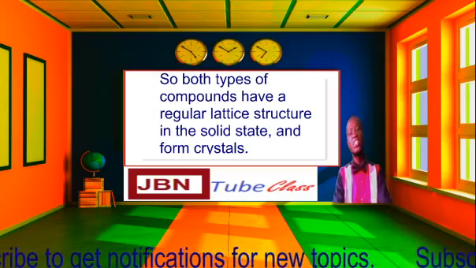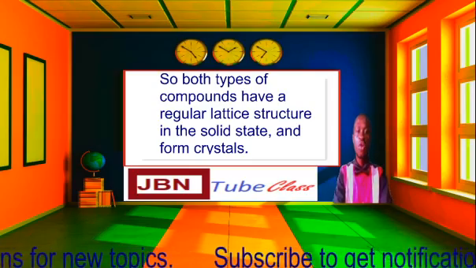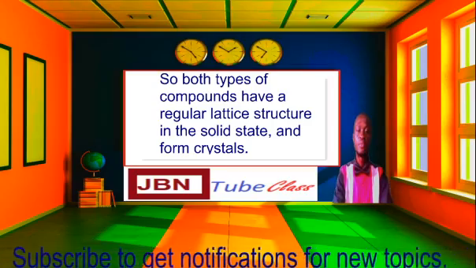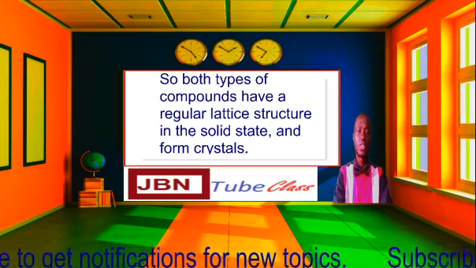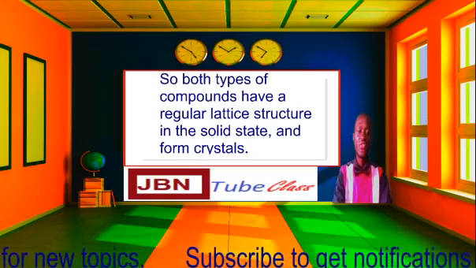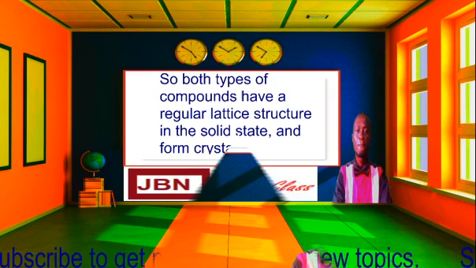Now, having seen the similarities between covalent and ionic compounds, let us see how they are different from one another.